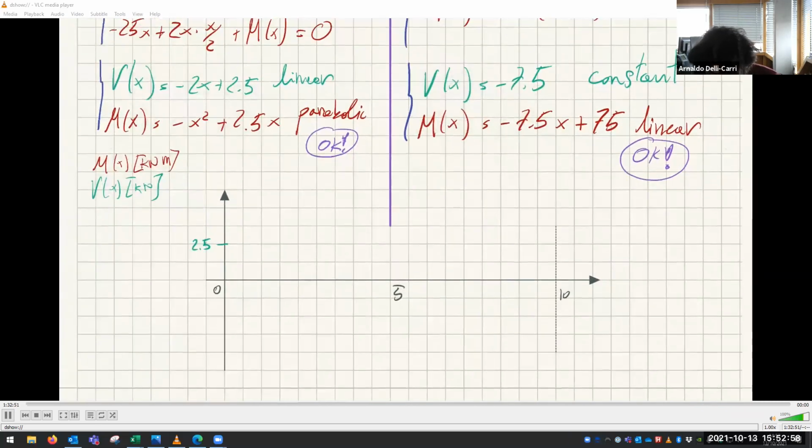And then at 5, I got minus 10 plus 2.5. So I got minus 7.5. So 2.5 to 7.5 is 3 times as much. 1, 2, 3. So it's about here. So this goes here.